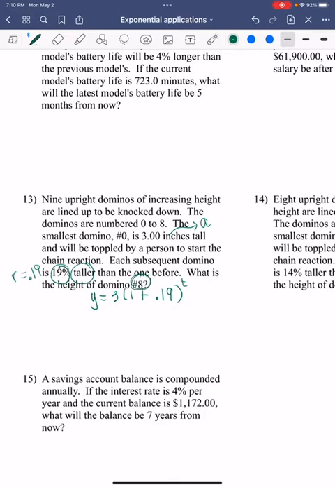So this time I'm actually looking for Y. What is the height? That's my Y. My T is going to be 8. And let's just plug in 1.19 to the 8th times 3. About 12 inches.